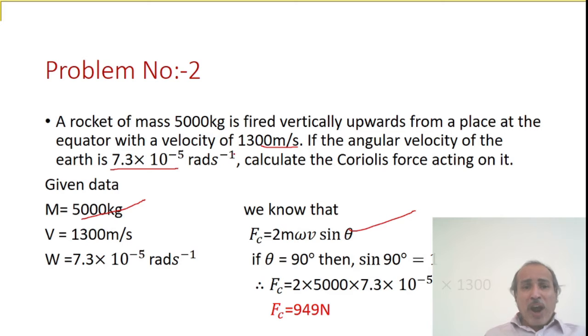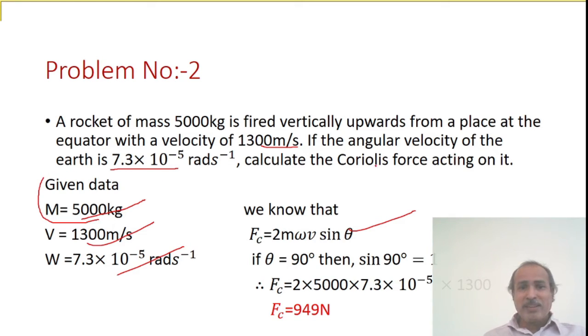Next, at what velocity was it fired? V equals 1300 meter per second. Next, the angular velocity of the Earth is 7.3 into 10 to the power of minus 5 radian per second. So first collect these things.